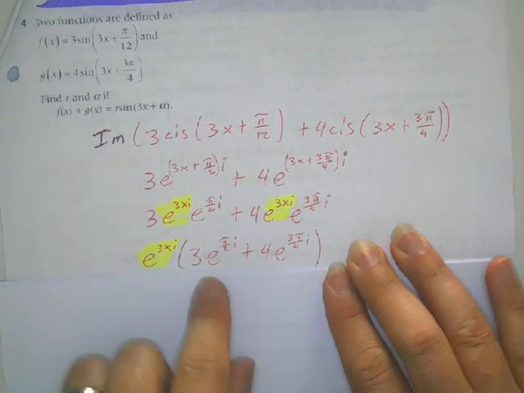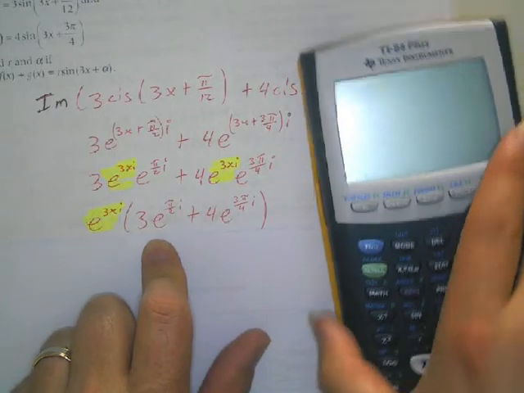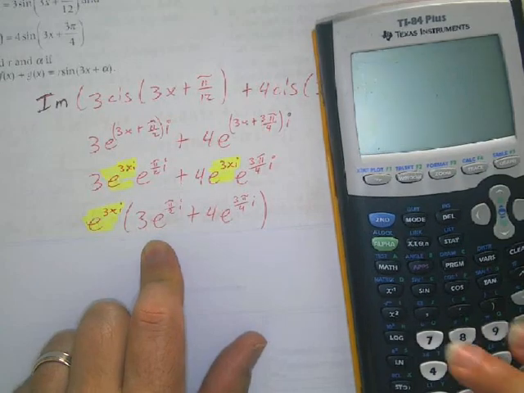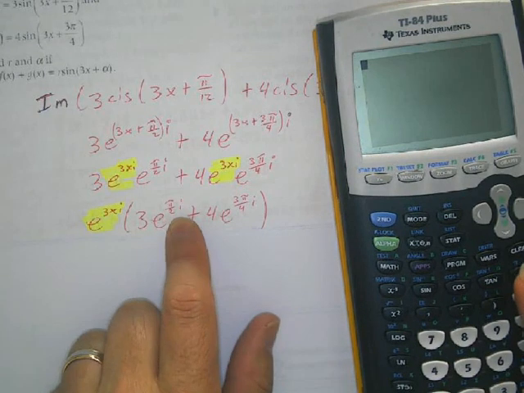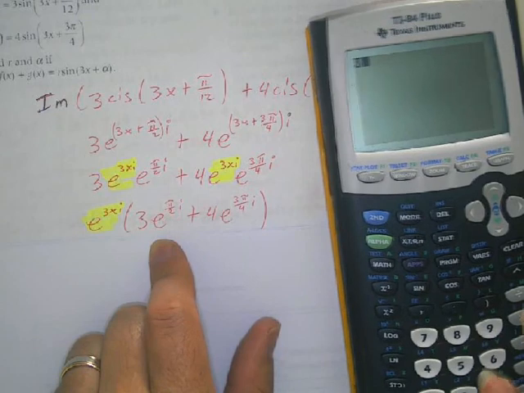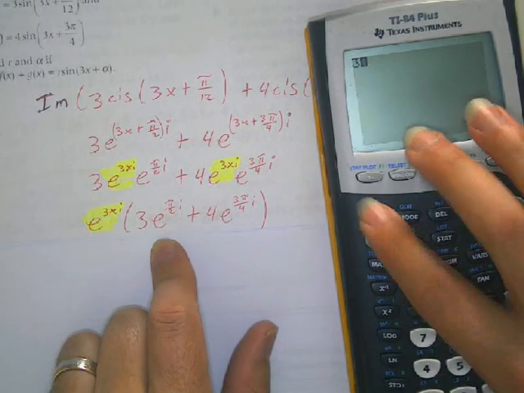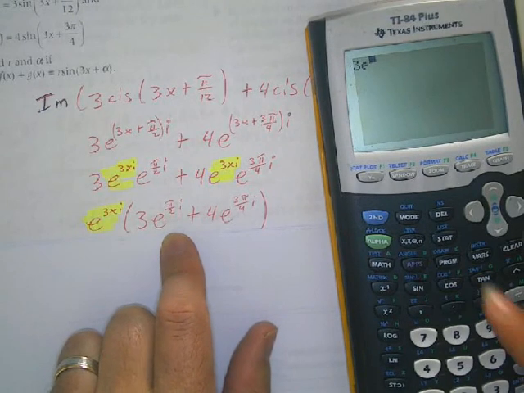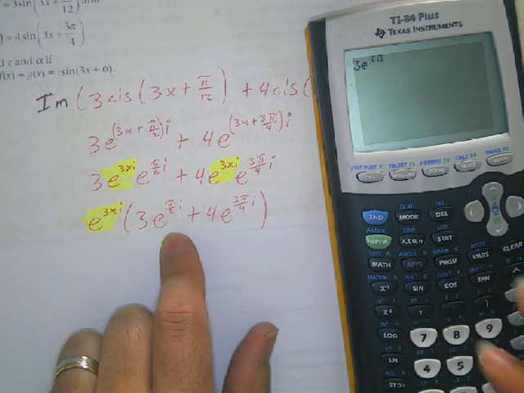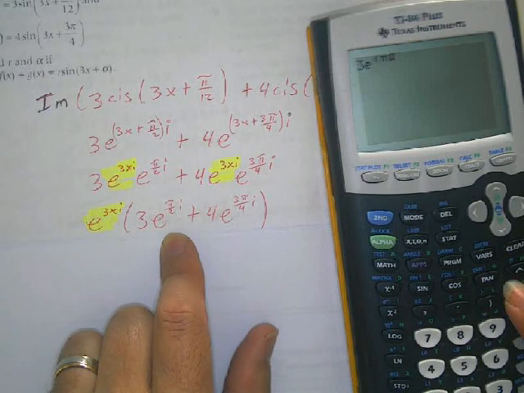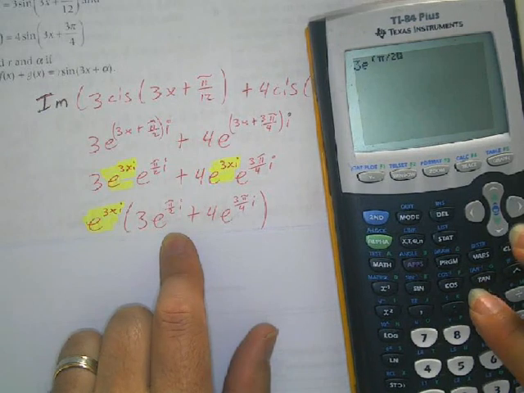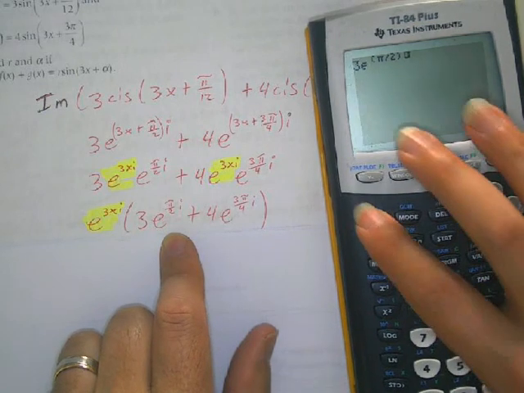This is challenging to type into the calculator, so I'll do that with you right now. Somebody in class forgot to type in the i. Okay, so let's try to do this together. Second, natural log e to the, I'm going to put this in parentheses, pi divided by 2, close parentheses, i.